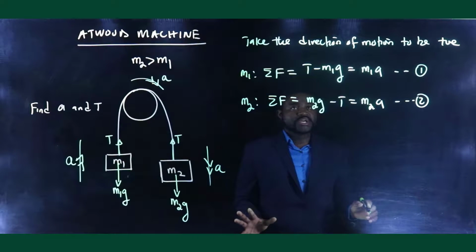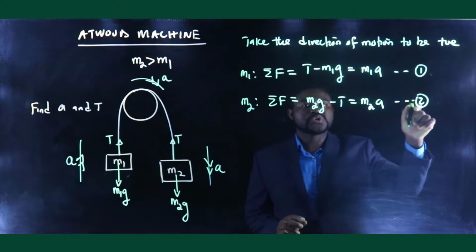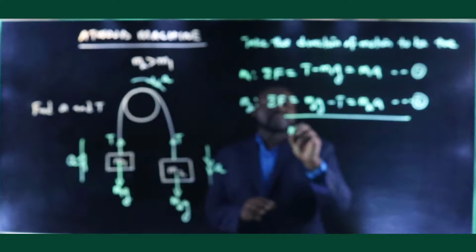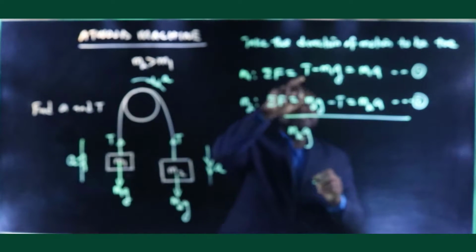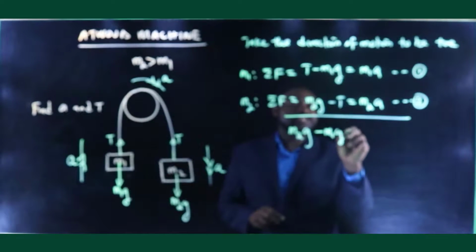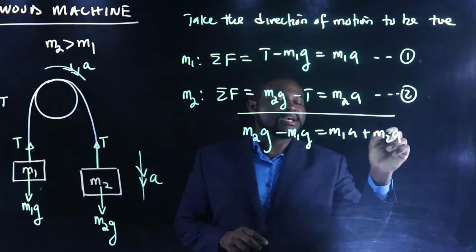Now there are one or two ways we could solve these equations. We could either add equation 1 to equation 2. If we do that, we will have M2G, T minus T is 0, so this is M2G minus M1G equal to M1A plus M2A.